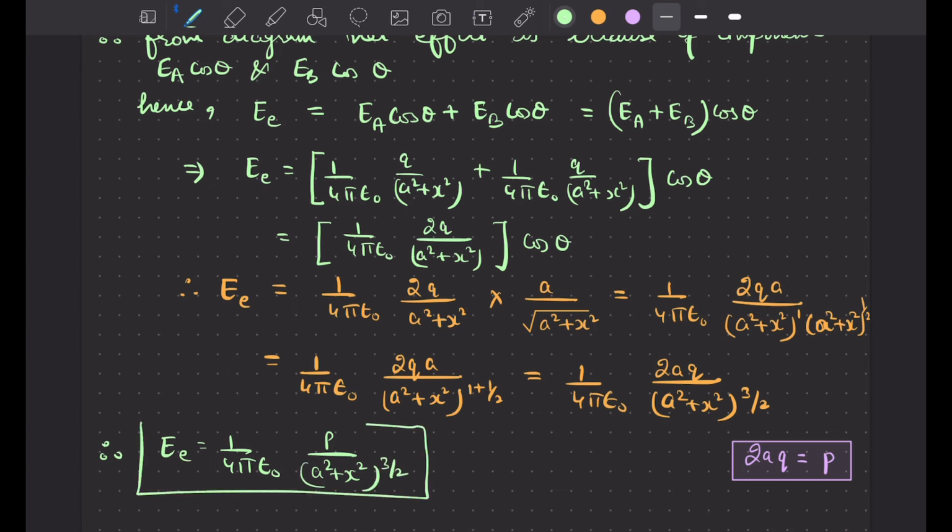So this is the expression for electric field intensity on the equatorial line of a dipole. I will mark this as equation number 3, but I need to discuss more about this equation. Therefore, I am going to carry forward this equation to the next page.